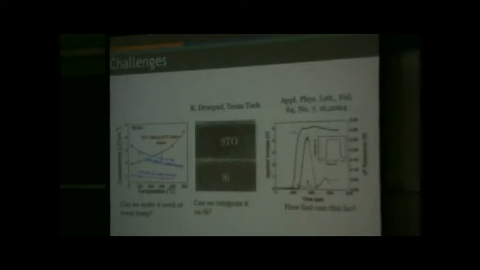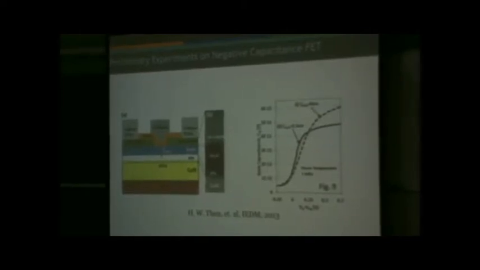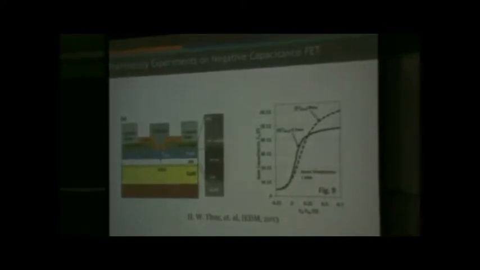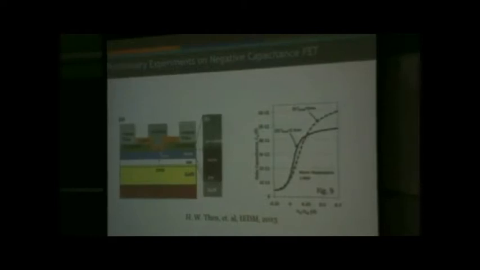So where are we currently? I should also mention that there were 2 more experimental papers in this year's IEDM showing this negative capacitance effect. Again, these are not extremely convincing demonstrations, but there are interesting effects in each of those papers, so we can talk about that. It looks like people are starting to get some results in the transistor range.